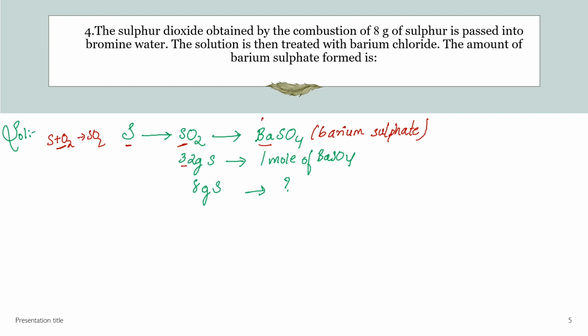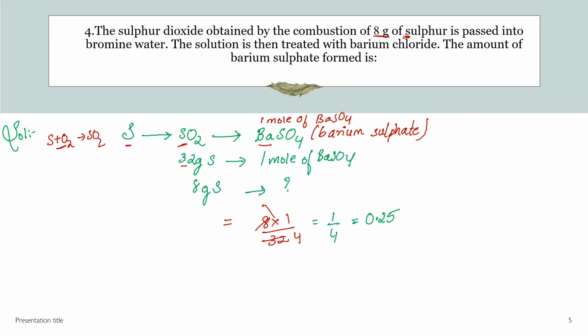Here we observe 1 mole of BaSO4 is formed. So in the question, if 8 grams of sulfur is passed in bromine water, how many moles or how much amount of barium sulfate is formed? Let's find it out. 8 into 1 by 32, that is 1 by 4, which is 0.25, right?